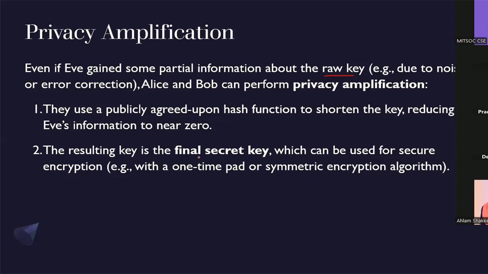The resulting key is a final secret key which can be used for secure encryption, either with the one-time pad or a symmetric key encryption algorithm. We'll see how privacy amplification can be done using the hash function.